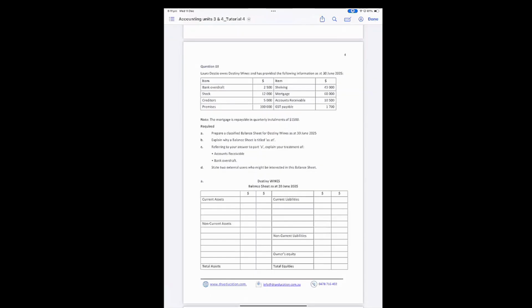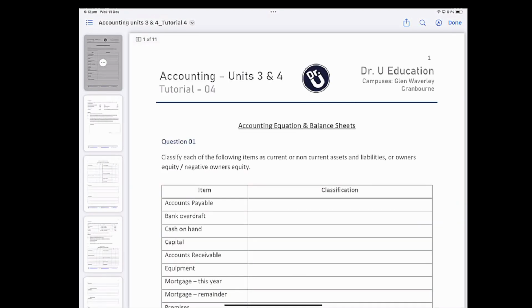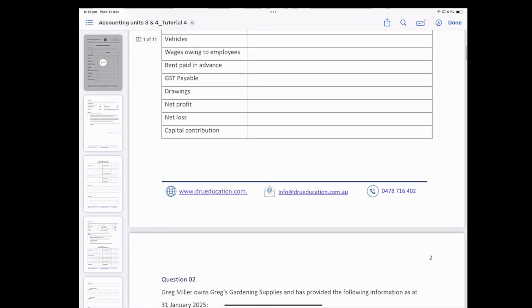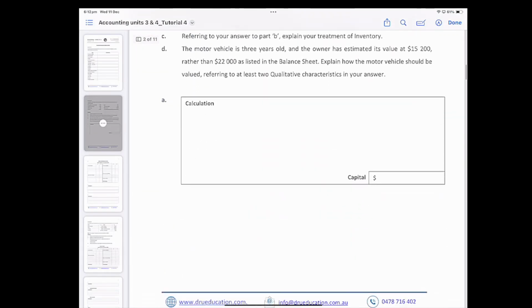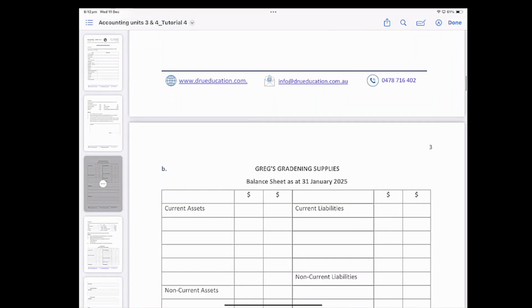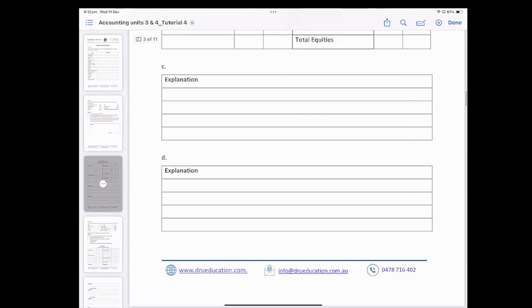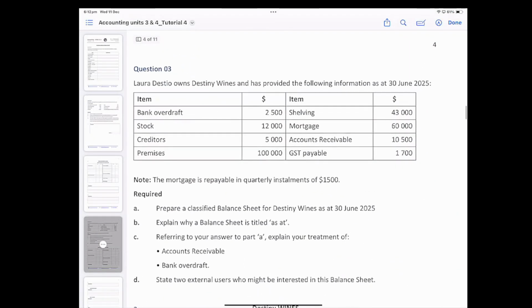Guys, let's start with question number 3. First of all, there are actually a couple of typos.